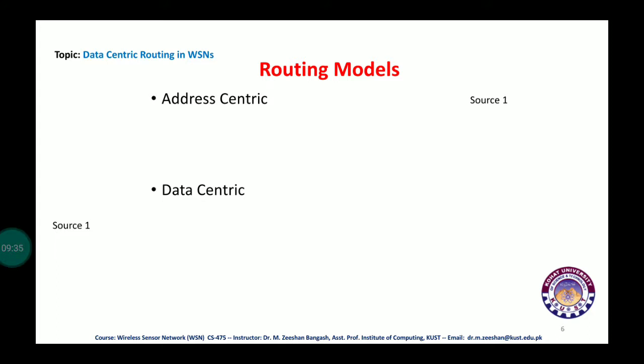In the address-centric routing model, each source sends data independently to the sink. So there is no intermediate node involved in its path that routes the data to a particular destination. Every source independently tries to send the data to the sink.